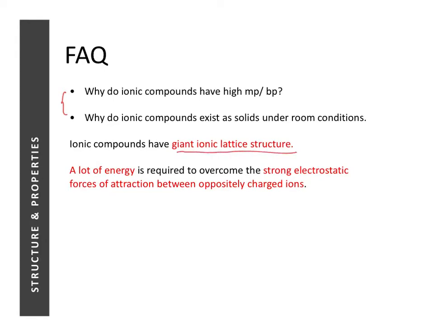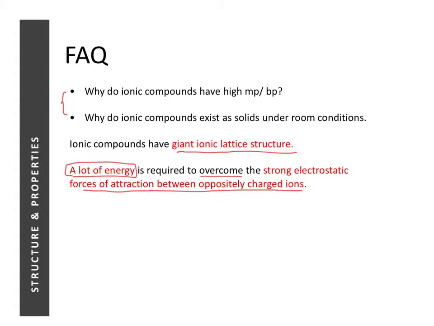So you show the marker that you know that we are looking at a giant ionic lattice structure. Next you have to mention that a lot of energy, or a large amount of energy, is required to overcome the strong electrostatic forces of attraction between oppositely charged ions.